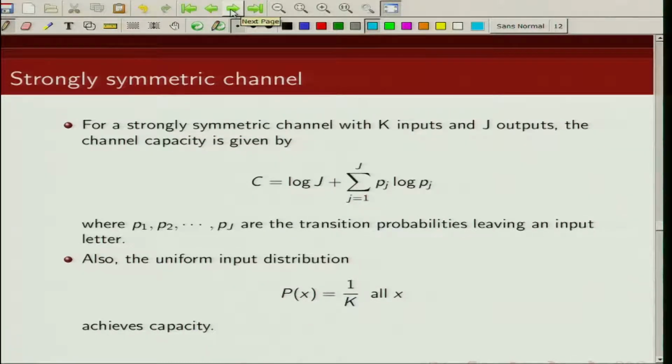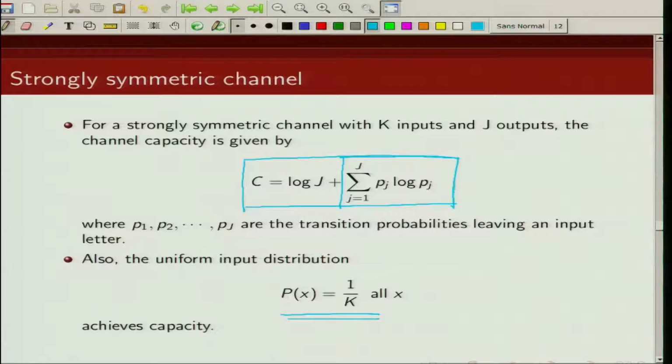Another point to be noted is that the input distribution that achieves capacity is the uniform distribution, because we know for a uniformly dispersive channel, irrespective of what my input distribution is, h of y given x is given by minus of this quantity, and h of y is maximized for uniform input distribution.